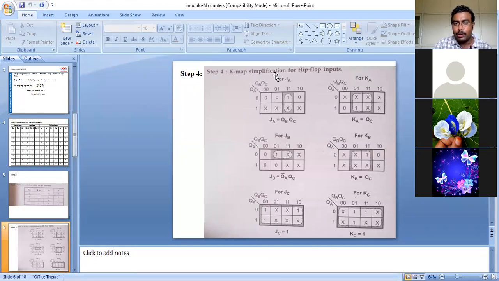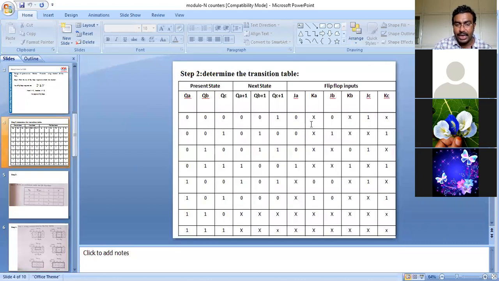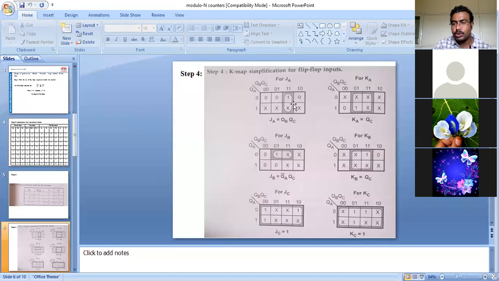For finding the expression for JA, use the content which is available under JA. Just fill in the K-map according to the truth table to K-map mapping. Then group them and find the expressions for JA, KA, JB, KB, JC, and KC.